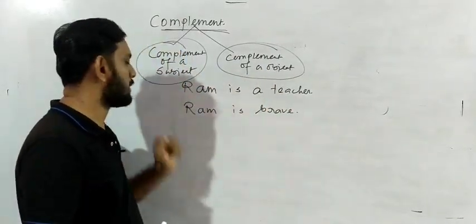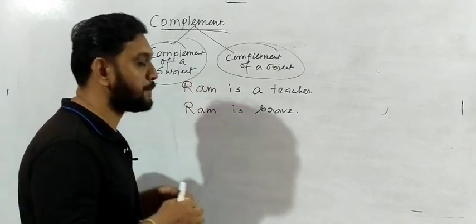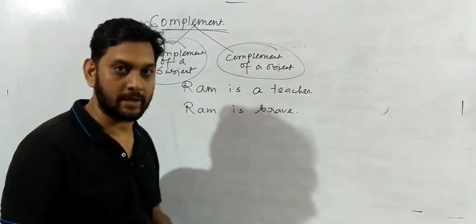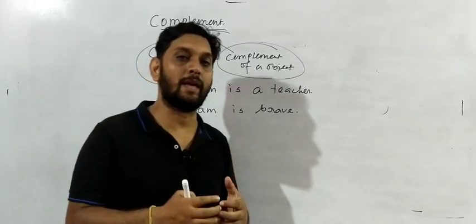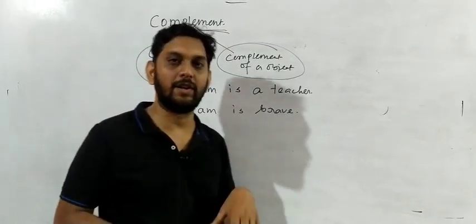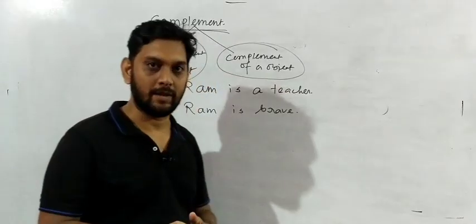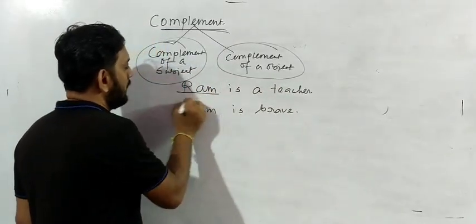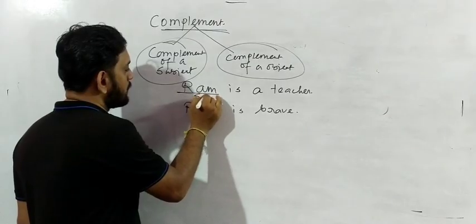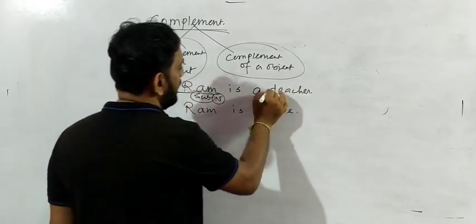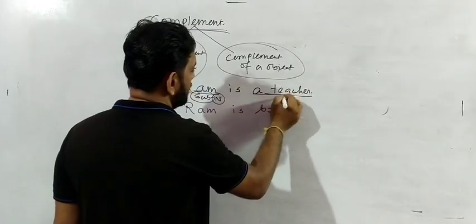First of all, we need to understand the subject complement. Subject complement always tells us about the subject. That means the complement gives us extra, additional information about the subject. That's very important. Now here we have understood that Ram is the subject, yes or no, and also a noun, and here the complement is "a teacher".